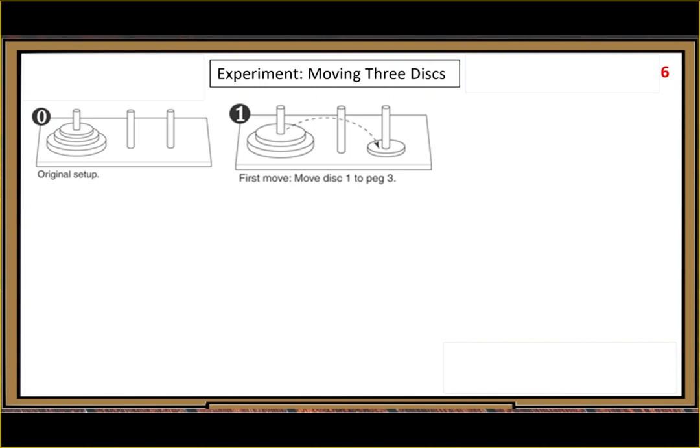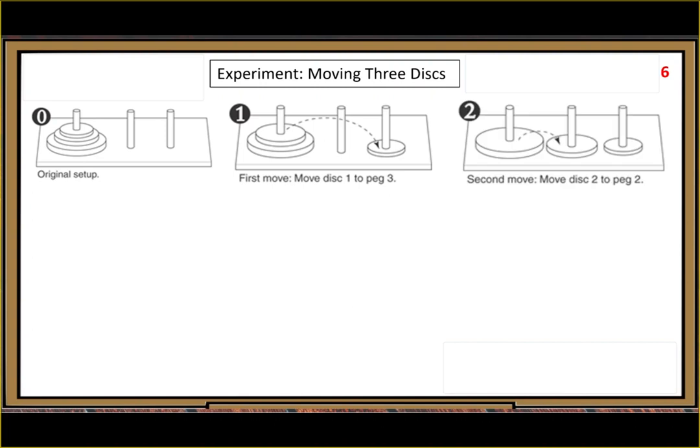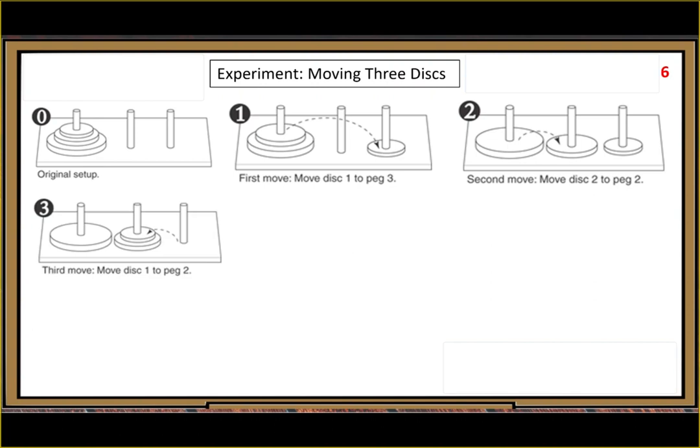So second move, the middle one we put on the temporary peg. Then move the smallest to the temporary peg. Here you can see we just completed problem size 2. We move the top 2 disks to the temporary peg, the middle one.